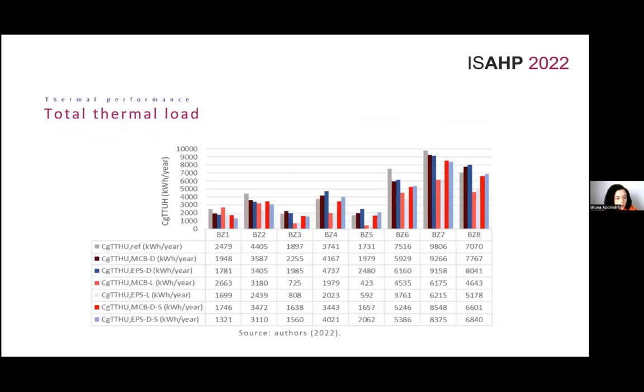In total thermal load, in zone 4, 5, 6, and 8, the building systems with dark colors resulted in the highest consumptions, while in zone 1, the EPS dark with shading decreased by 50.39% the thermal load in relation to the masonry with light color.